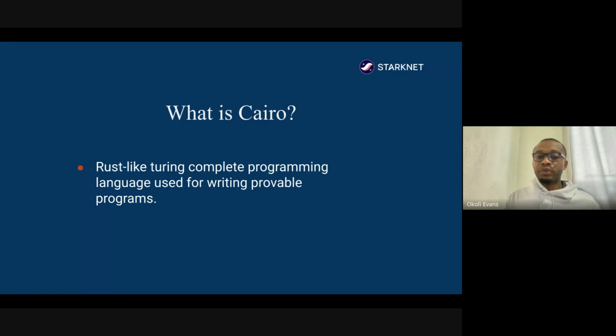When we talk about writing provable programs, it means that the compiled program you wrote can be used by the prover to generate a proof. I think it's that simple. Any program or smart contract that you write using the Cairo language, after compilation, can be used by the prover to generate a proof that can be verified. So that's what we mean by provable programs.